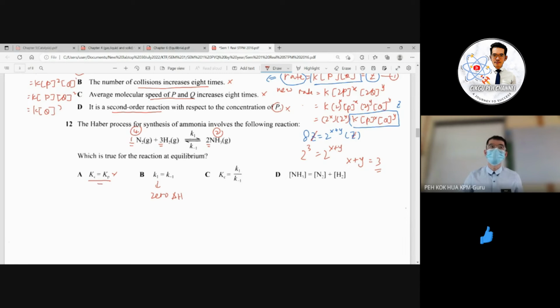Here there is also no mention of that, so this one is also wrong. So this one will be the answer, because this Kc equal to this ratio will be correct for all reversible reactions. And then the last one will be wrong also.